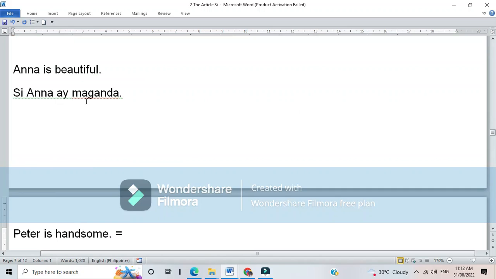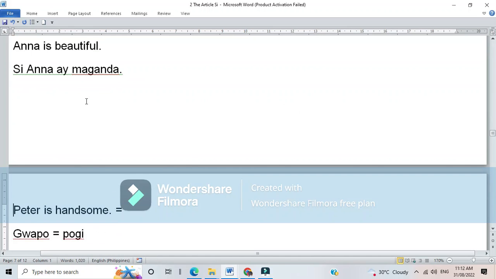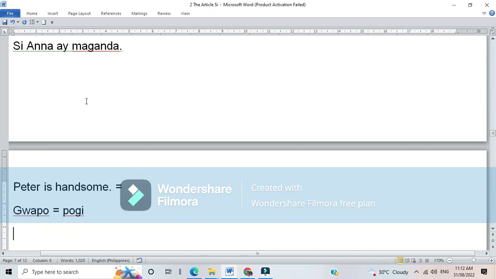Okay, let us try the next example. Peter is handsome. Handsome in Tagalog is guapo or pogi. So our subject is Peter. Okay, so si Peter ay guapo.